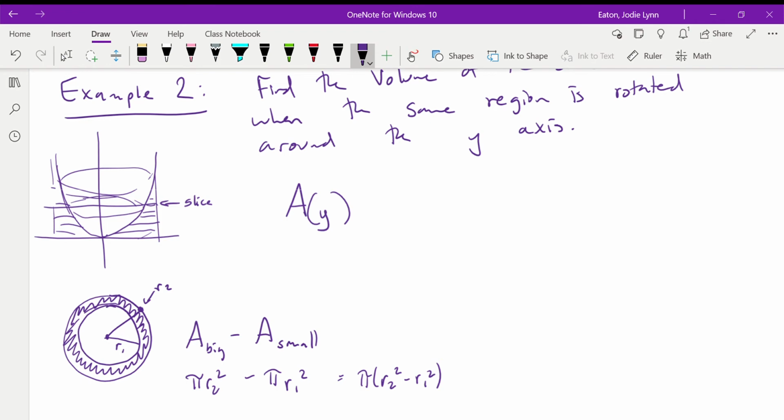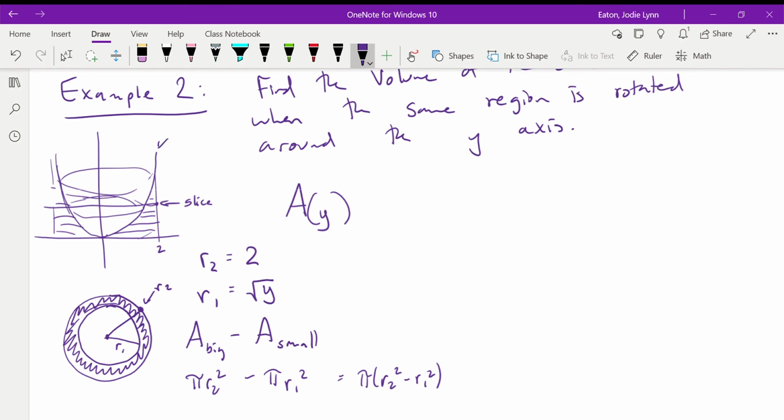So we need to figure out what R2 is and what R1 is for this little slice. R2 is just 2. That's our x value, a constant radius on the outside. And R1, we want to write in terms of y. So R1 is going to be radical y.